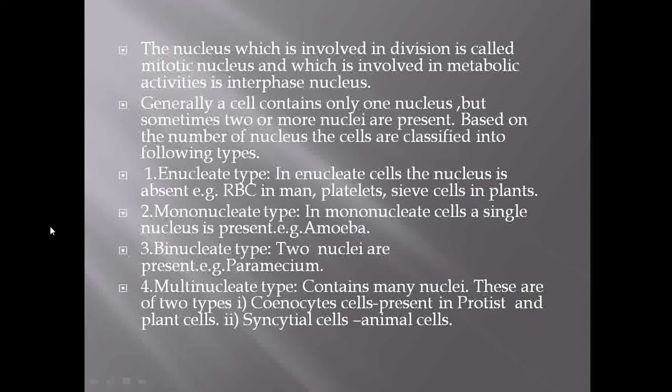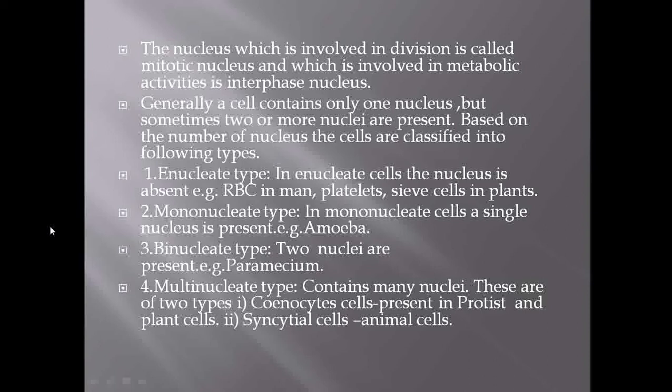Next, the multinucleate type. The name itself tells you that many nuclei are present; multi means many. These are again of two types: coenocytes, present in protists and plant cells, and syncytial cells, present in animals.